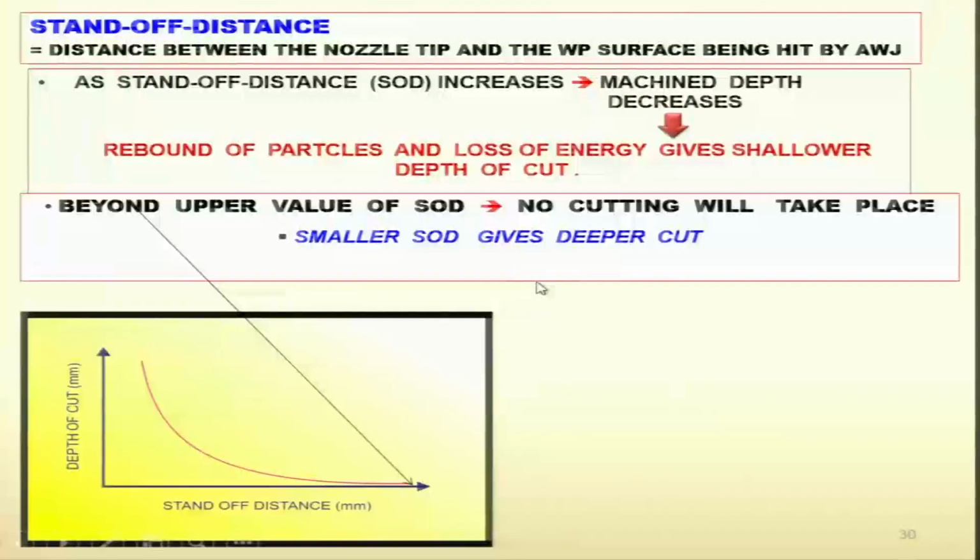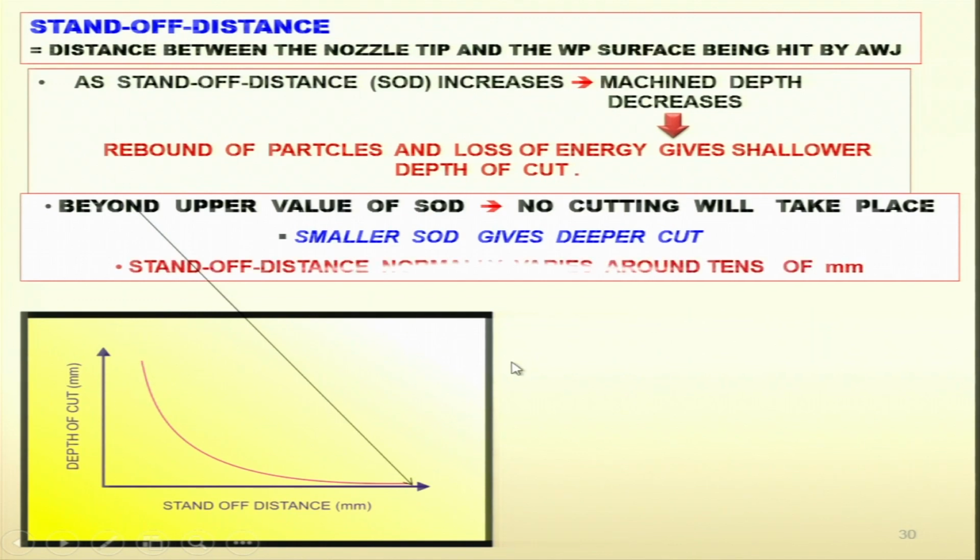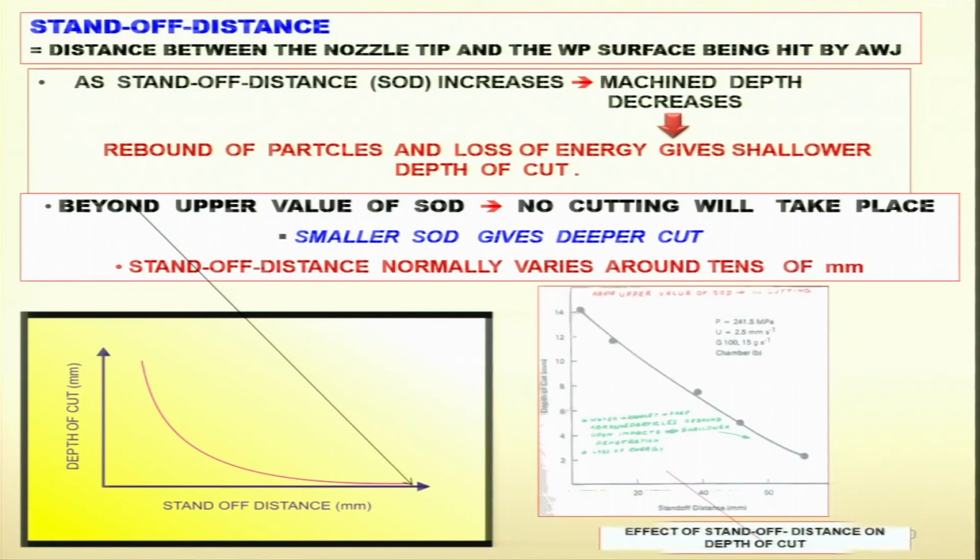A smaller extent of distance gives a deeper cut, as you can see over here. Extent of distance normally varies around tenths of millimeters. So this is the effect of extent of distance on depth of cut, and other details are given over here.